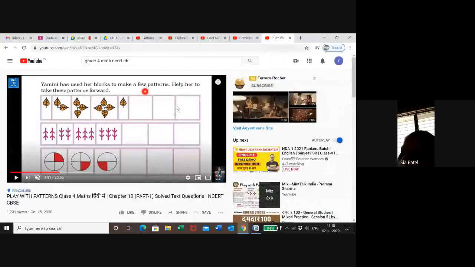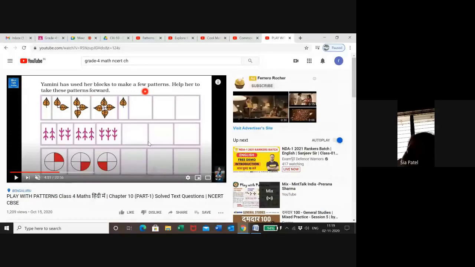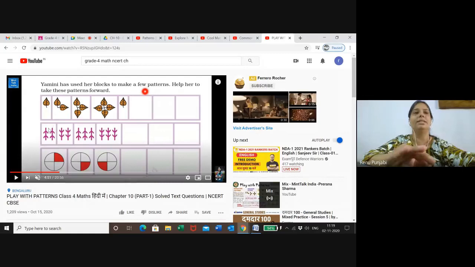Sia, please complete this. Second is 2 leaves, third is 3 leaves. Sia, I'm asking about the second one. Can you see my cursor here? Can you complete this second pattern?